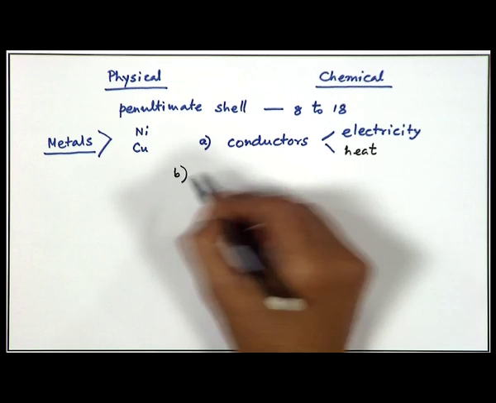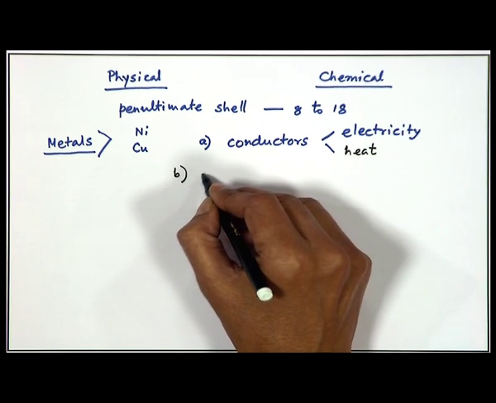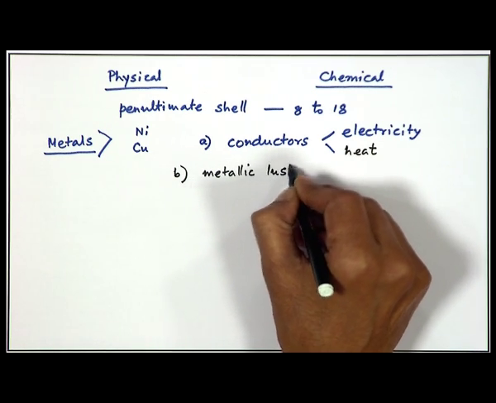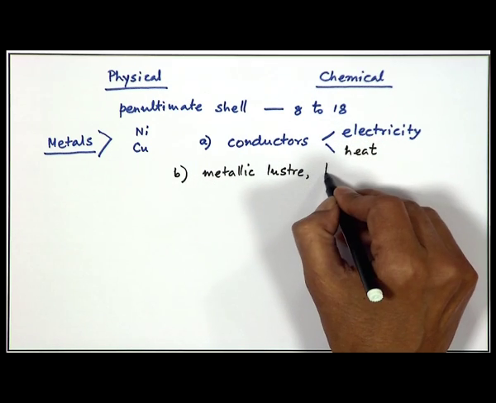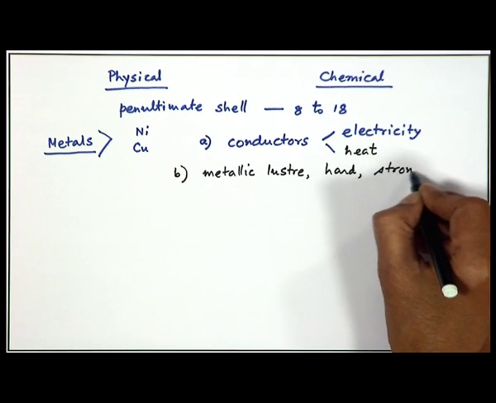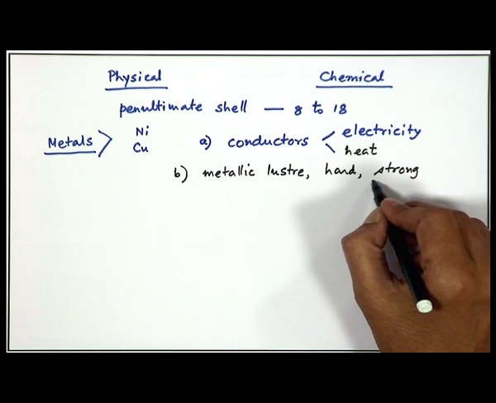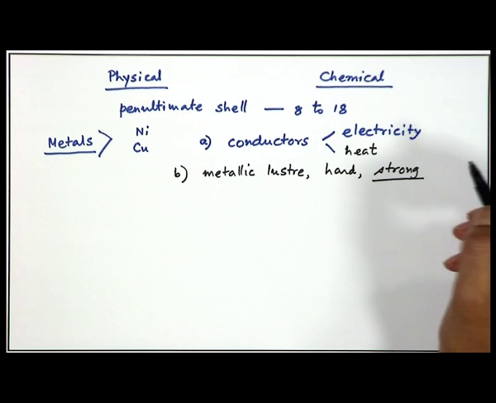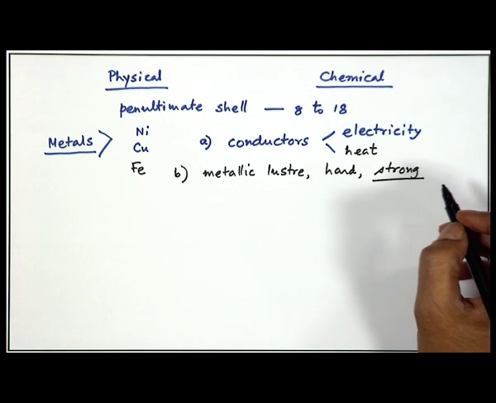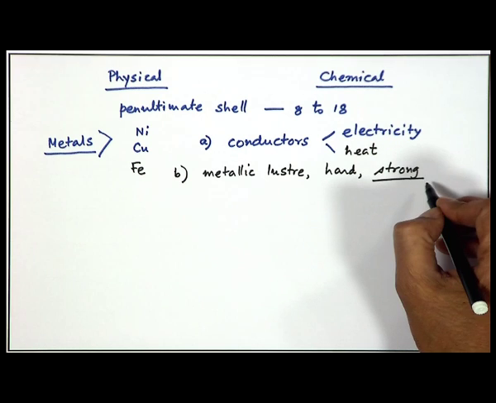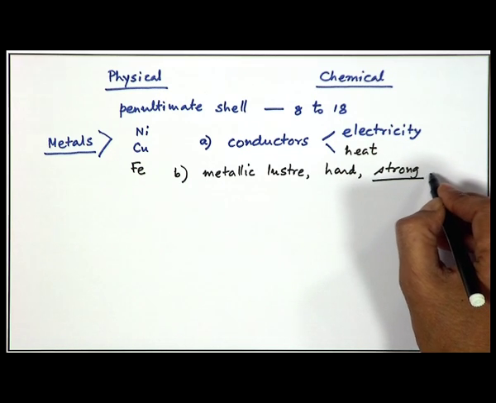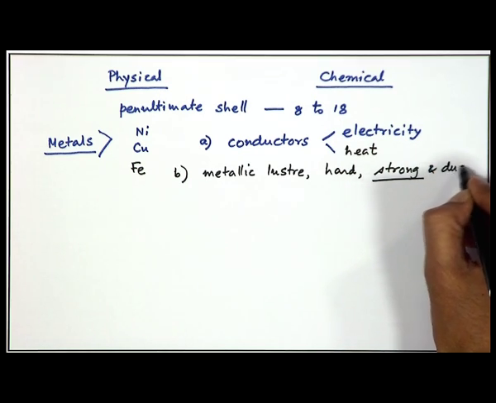Then they can have metallic luster, they are also hard and strong, because when we talk in terms of the metallurgical behavior of some of these metals such as iron, iron also comes into this category as the transition element of the D block element. How we can improve that property which is strong related to the metallic property, and in some cases they are also ductile.